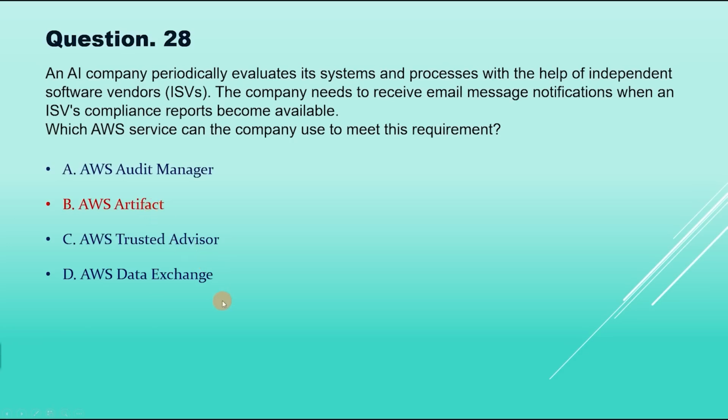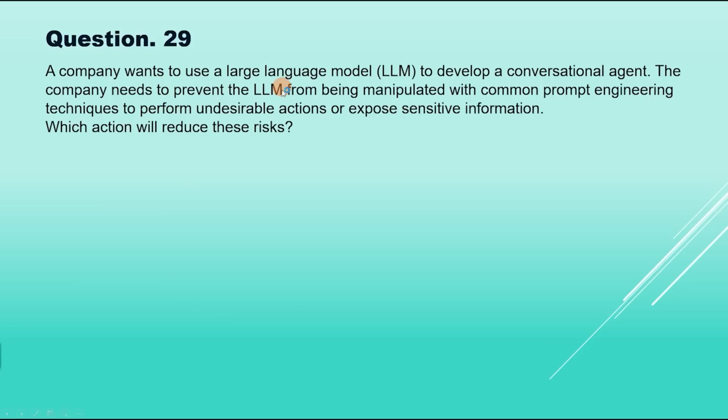And now question number 29. A company wants to use a large language model to develop a conversational agent. The company needs to prevent the LLM from being manipulated with common prompt engineering techniques to perform undesirable actions or expose sensitive information. Which action will reduce these risks? And here are the options.